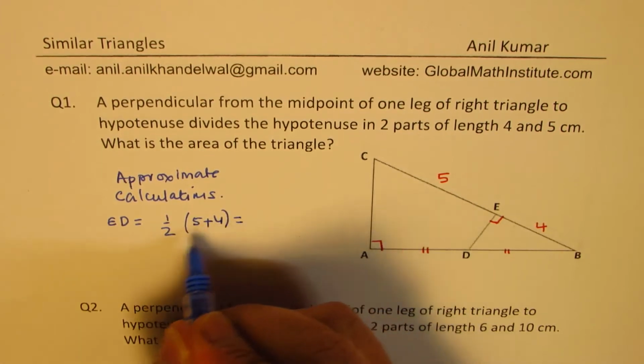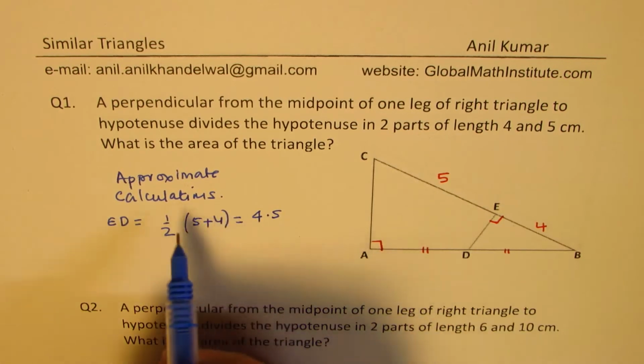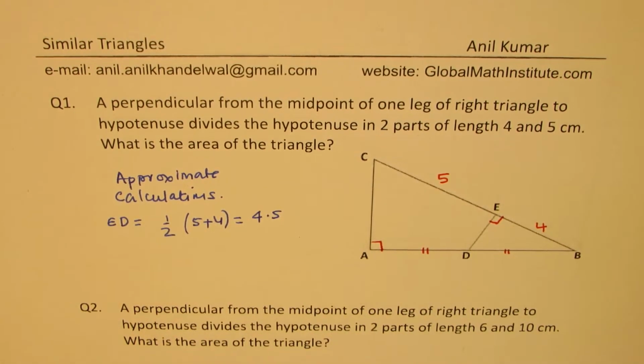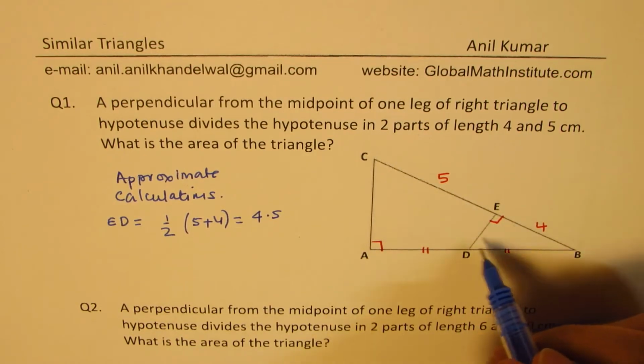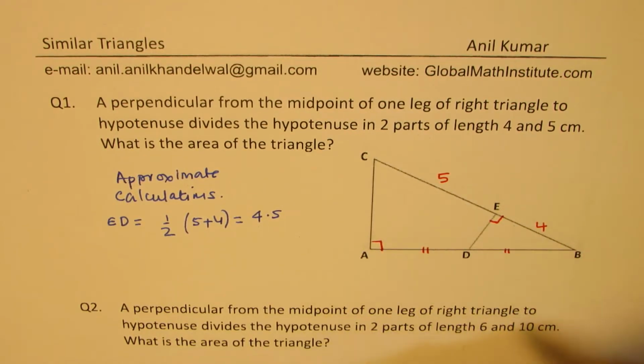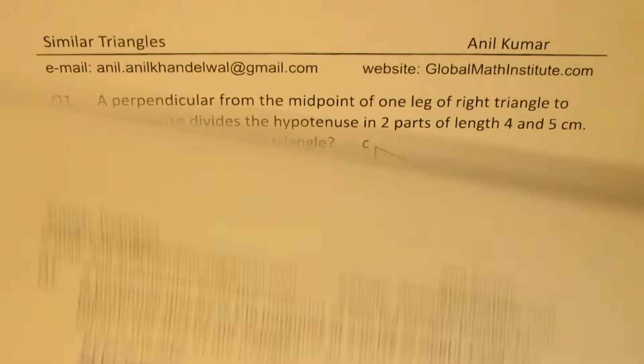So 9 halved is 4.5, and you could assume this. That will give you an approximate result, and it is much faster to get the solution. Let's take up the full solution and see how to solve such a question.